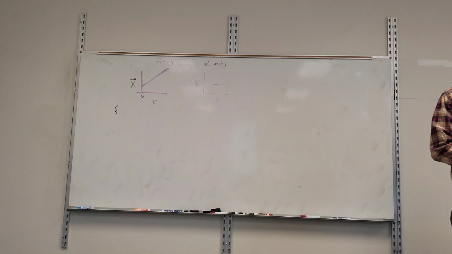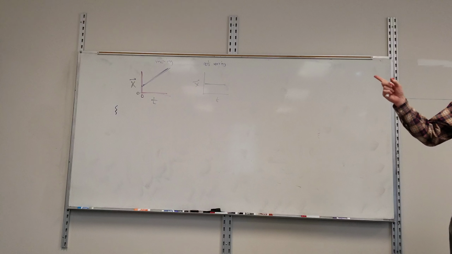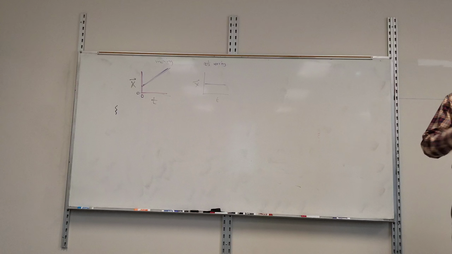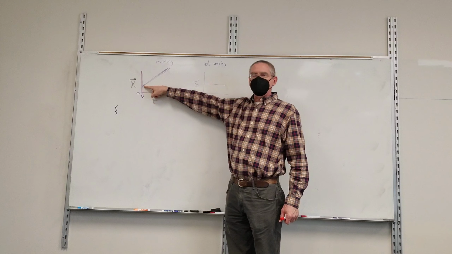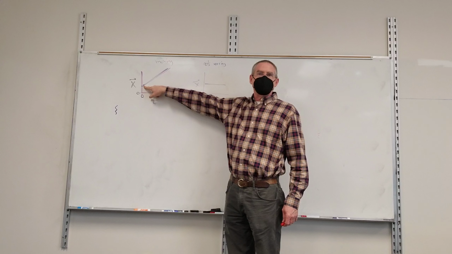All right, so that would be displacement, not necessarily. So position, and position is where you are relative to what? Your origin. Okay, so our origin is here. So I start out at some point away from the origin, but that's my starting point.